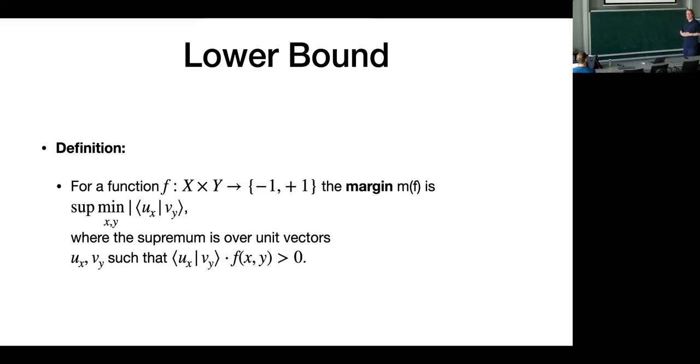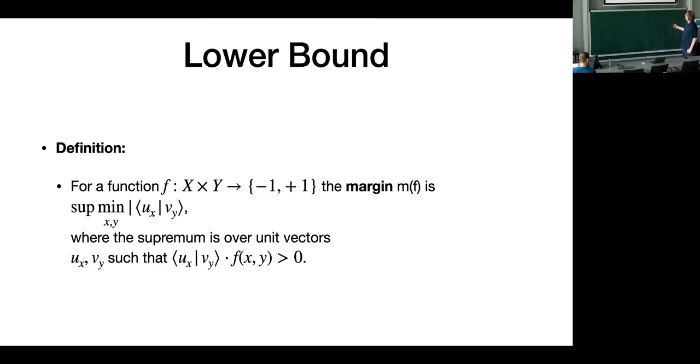This comes from computational learning theory, and the margin is the supremum over the minimum of x and y of the absolute value of the inner product between ux and vy, where ux and vy sign-represent f of x,y.